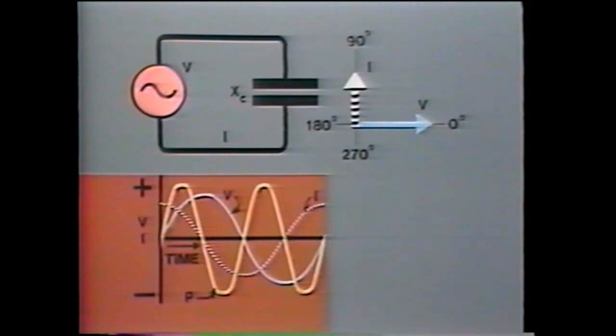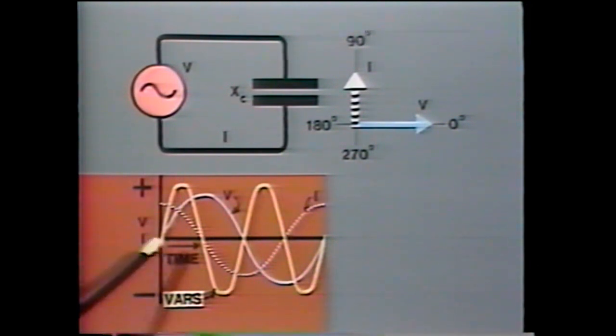In this case, energy is being stored in the electric field for 1/4 cycle and returned to the circuit in the next quarter cycle. Since the average power is 0, power in a capacitive circuit is also called volt-amperes reactive and is measured in VARS.